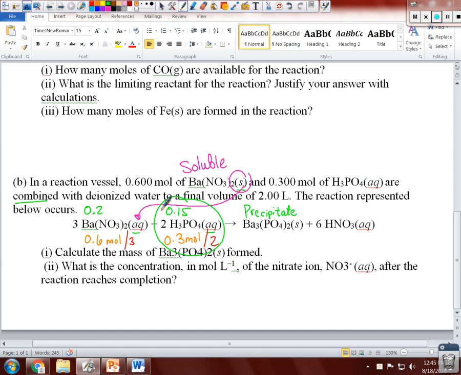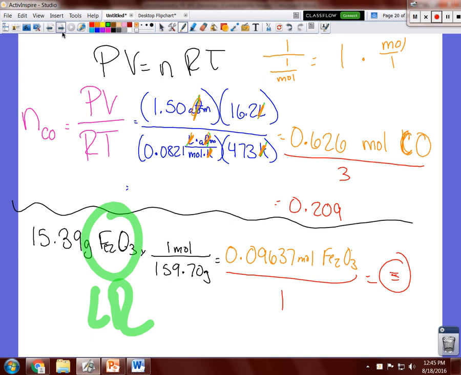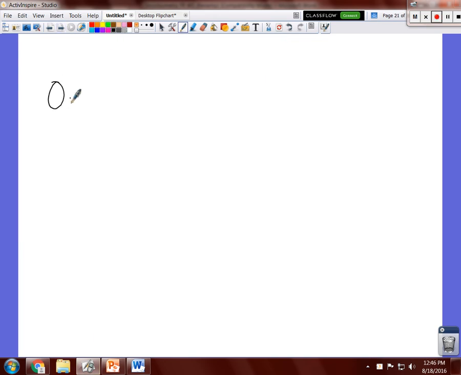Now, this is a reasonable question: how do you know you have to go to grams? It says mass. I just want to make sure that we're all on the same page there. So we've got 0.300 moles of H3PO4.